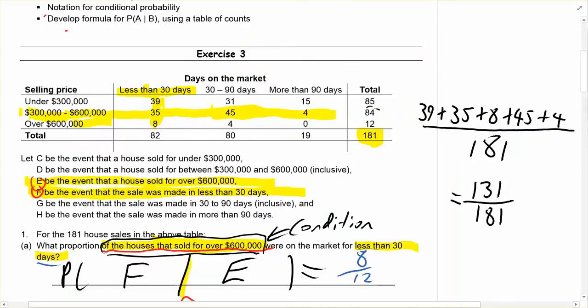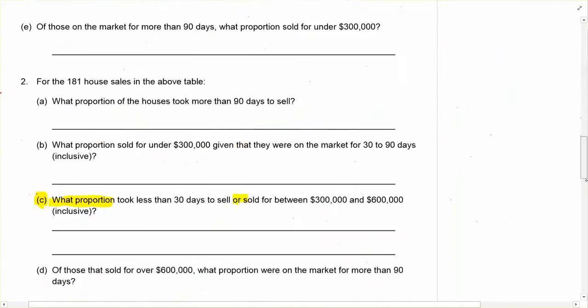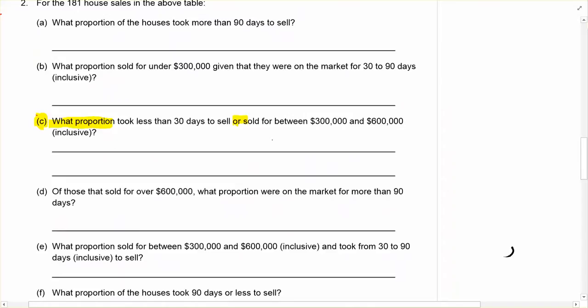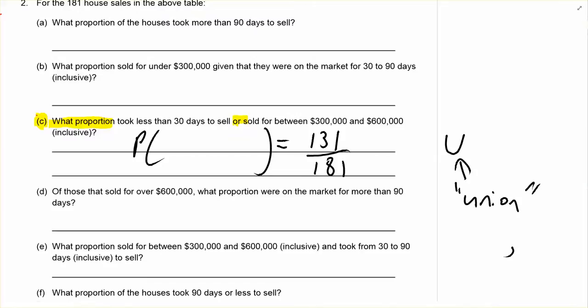And we need to write that properly using notation. So 131 over 181. And the notation is, we use the symbol union, which actually means or.